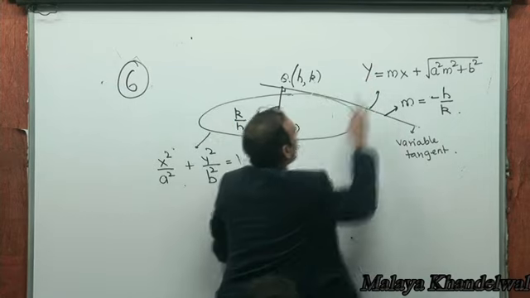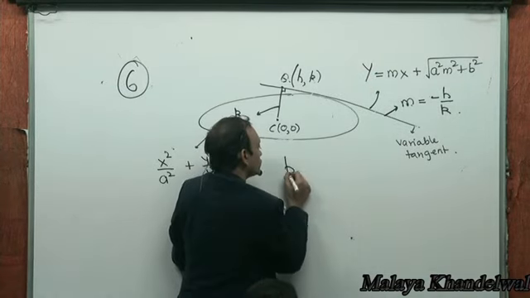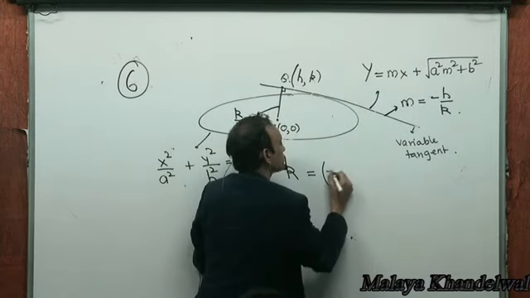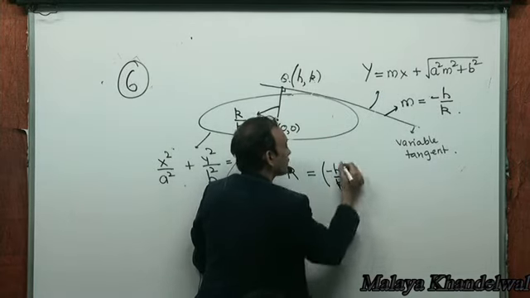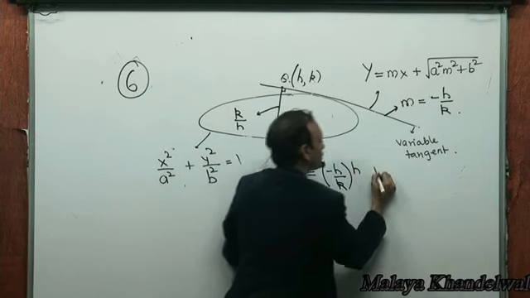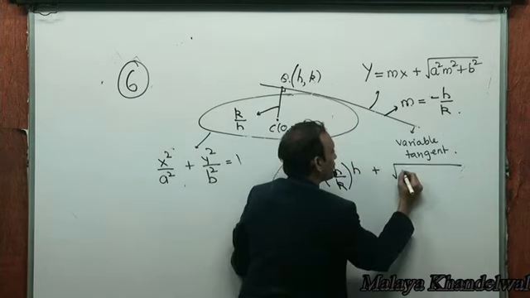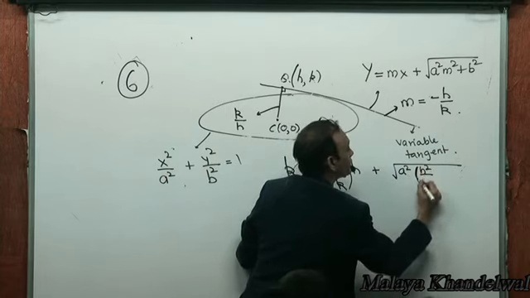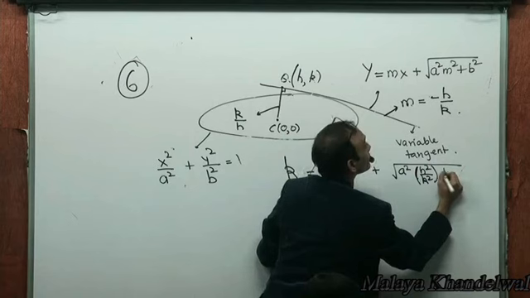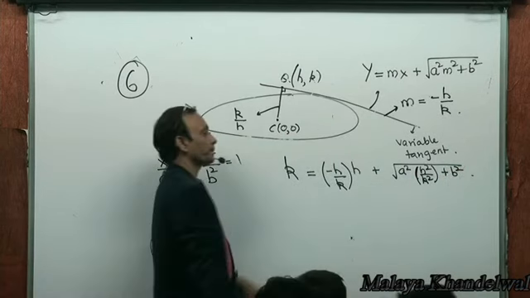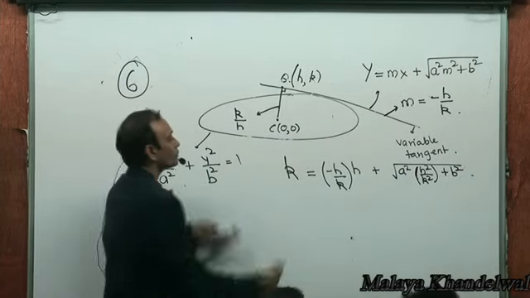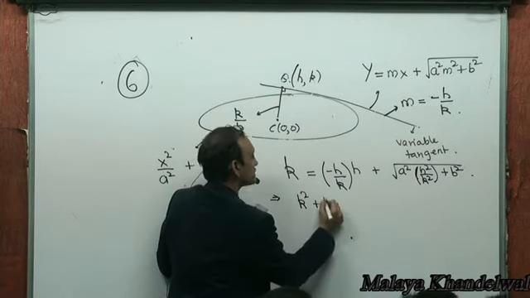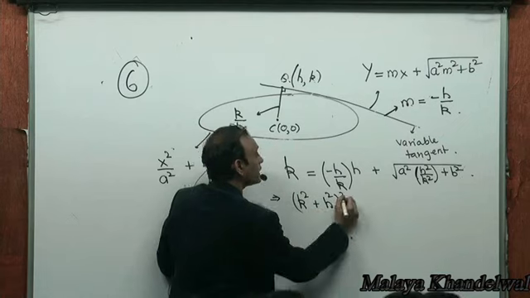So replace y by k, x by h, and m by minus h by k. a squared m squared is a squared h squared by k squared, plus b squared. Which gives us k squared plus h squared whole squared by k squared.